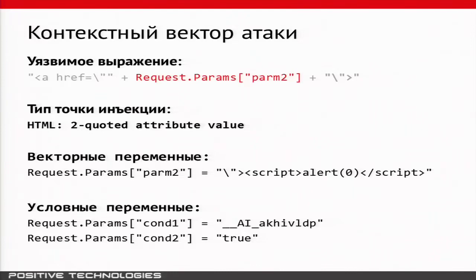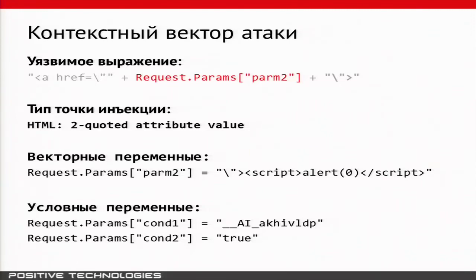The context vector is not an HTTP query, but there's a restriction for the symbol context. We see the injection type, the attribute, and the vector variable is the one that gives us an injection. And we need to get the value to get into the dangerous operation.